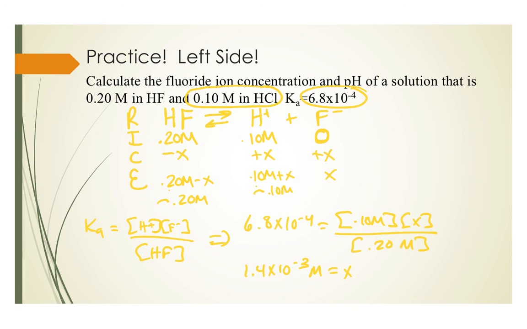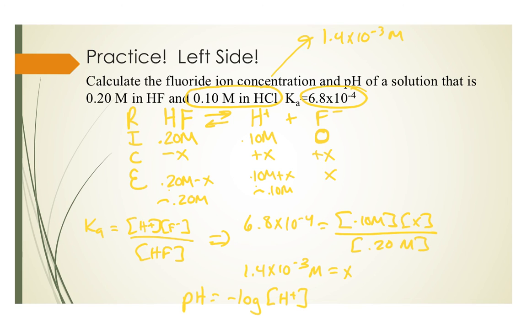Okay, so there's the answer to our first question: the fluoride ion concentration is 1.4 times 10 to the negative third molar. Then the next thing it asks us is what is the pH of this particular solution. So pH is the negative log of H plus.